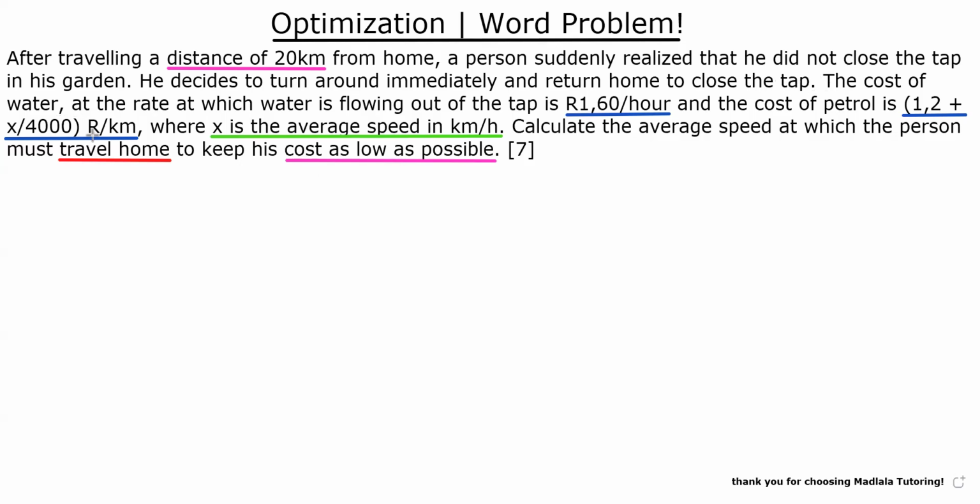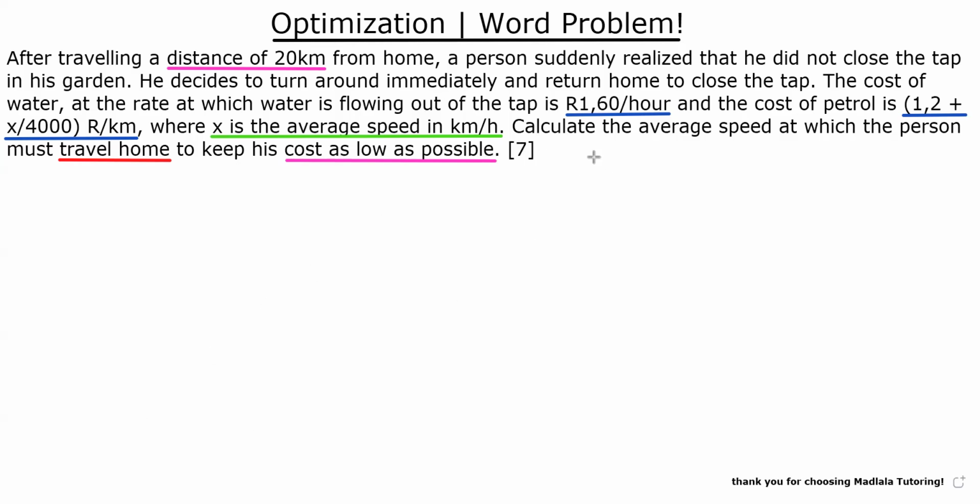The cost of water at the rate at which water is flowing out of the tap is 1 rand 60 cents per hour, and the cost of petrol is 1.2 plus X over 4,000 rands per kilometer, where X is the average speed in kilometers per hour.